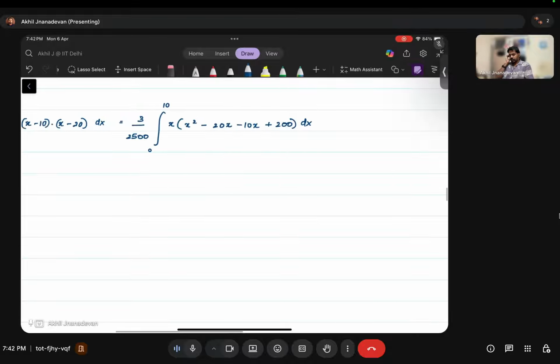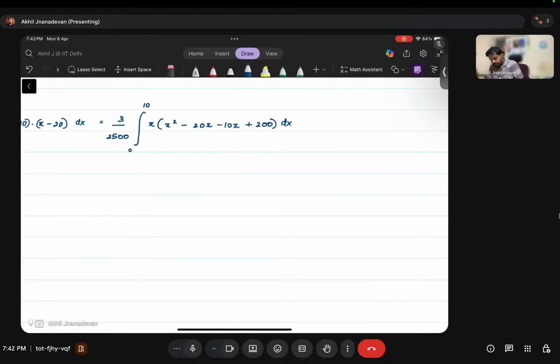This we can further simplify as 3 by 2500 times the integral from 0 to 10.